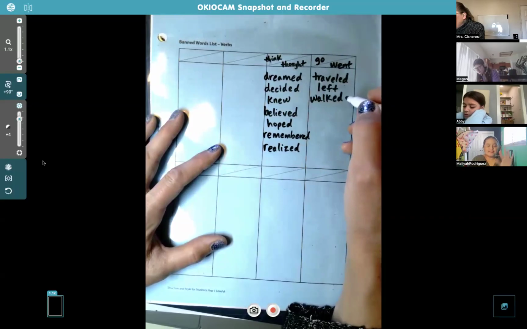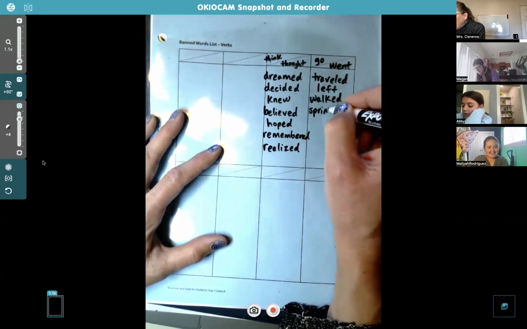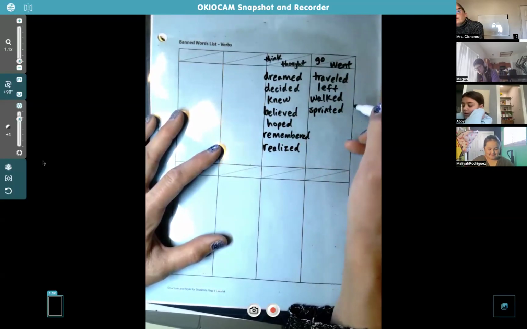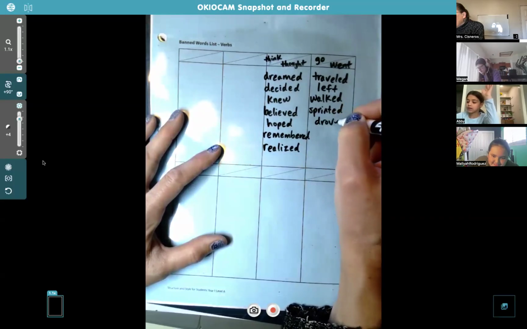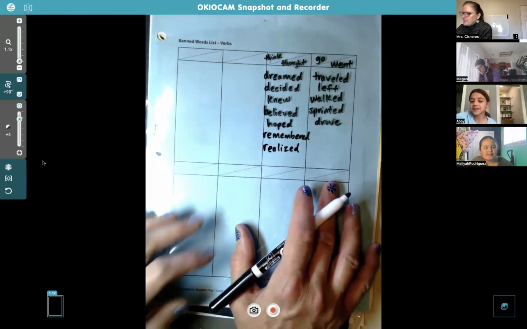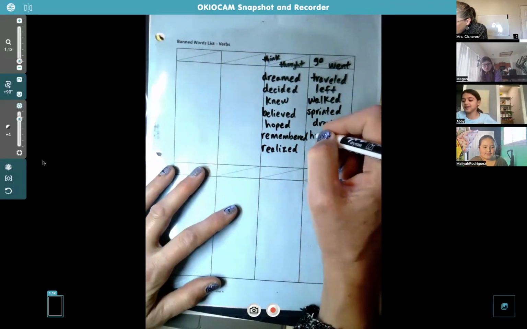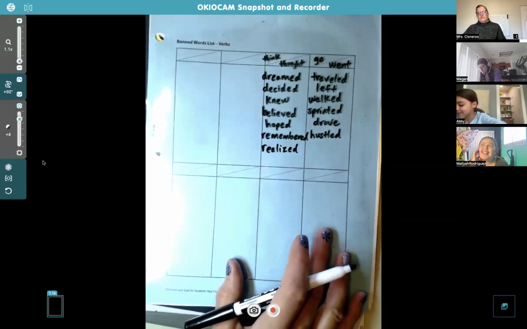Malia? He sprinted. Sprinted. I like it. He could even drive or drove. Instead of saying he went to the store, he drove to the store. Abby? Hustled. Hustled. I like it. Malia, got one?